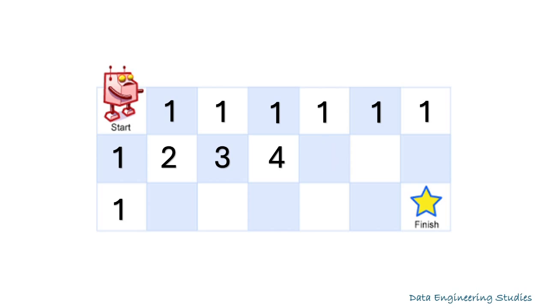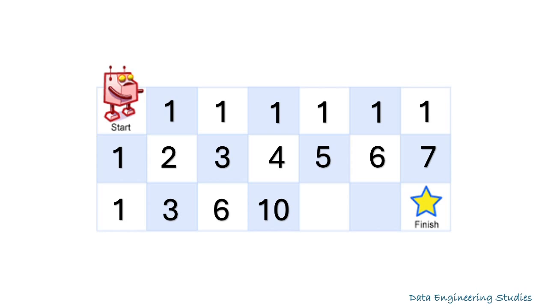Similarly, if our final destination is the next cell, we will have 5 possible unique paths. That is 4 plus 1. If our final destination is the next cell, we will have 6 possible unique paths. Similarly, 7 paths. For the next cell, we will have 6 possible unique paths. Similarly, for the next cell, we will have 10 possible unique paths.